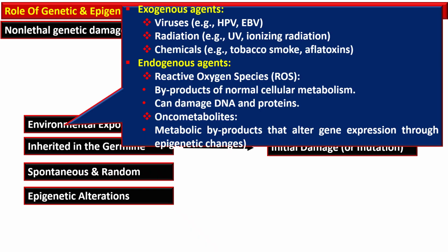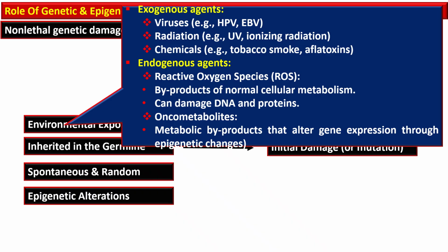These environmental agents may be exogenous or endogenous. The exogenous agents are viruses such as hepatitis viruses, human papilloma virus and Epstein-Barr virus. Then radiation can be another exogenous agent, such as ultraviolet radiation and ionizing radiation.